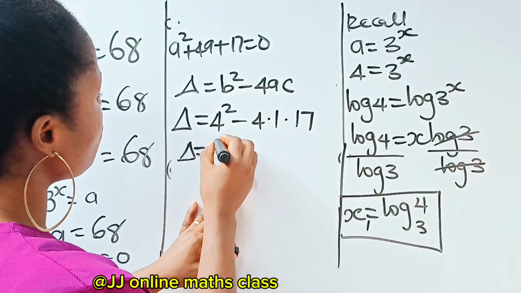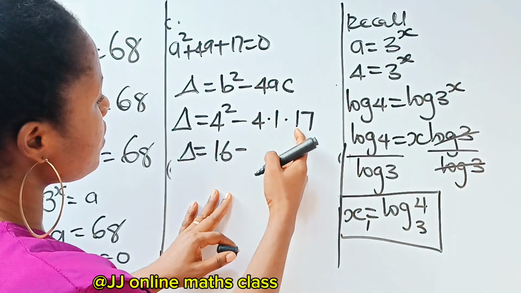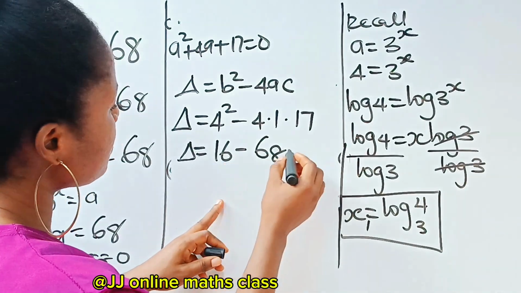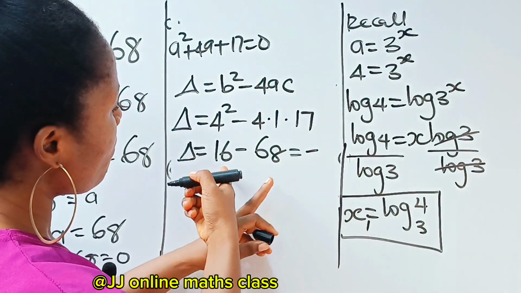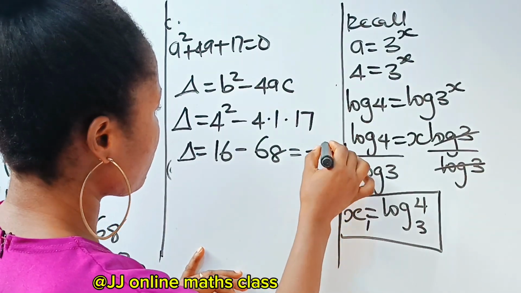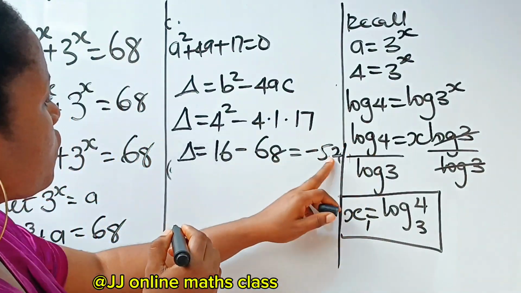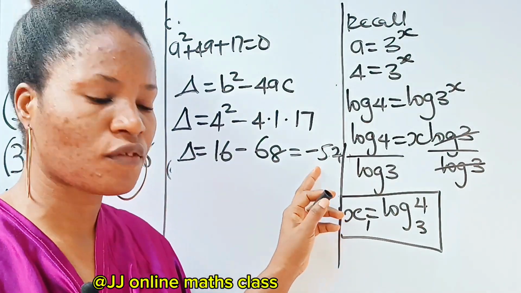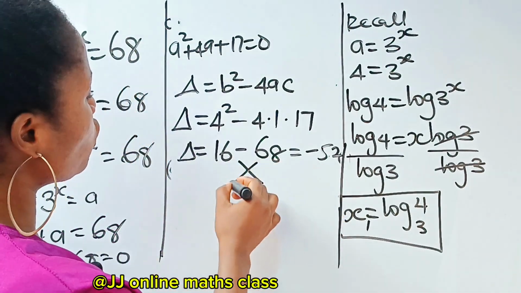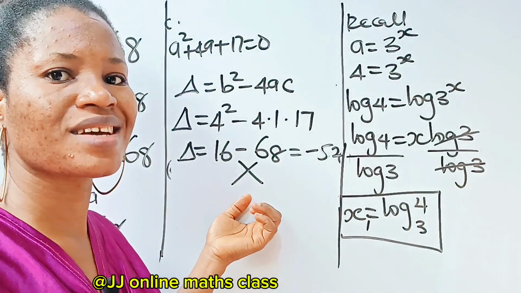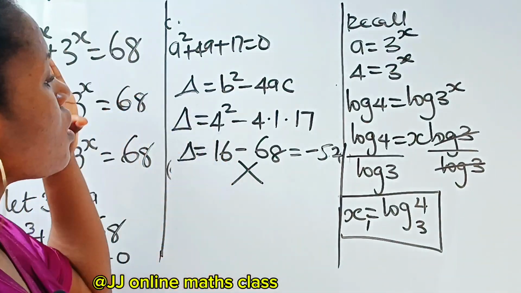So our discriminant is going to be 16 minus 68, since 17 times 4 gives us 68. So notice that our discriminant will give us minus 52. This is a negative number. That simply means that if we should solve this, we are not going to get real roots. We are going to get complex roots. So there is no need solving it.